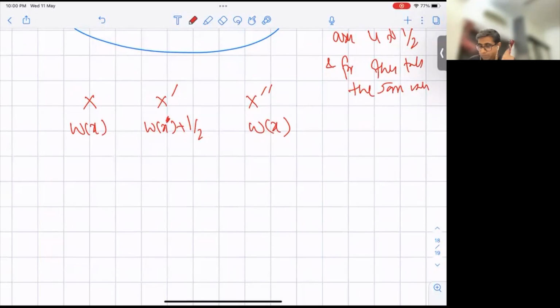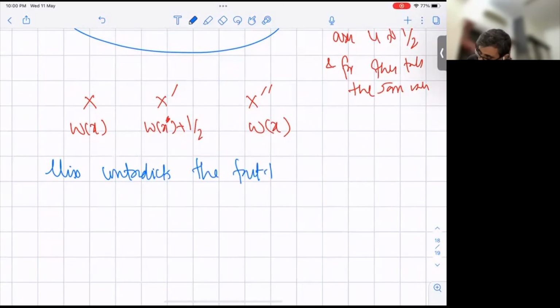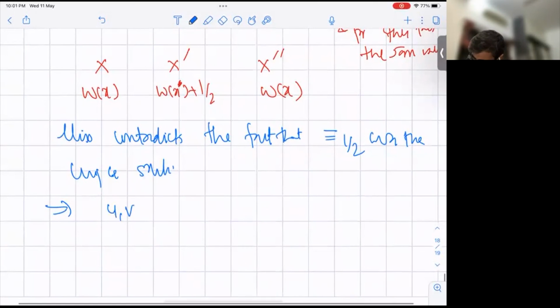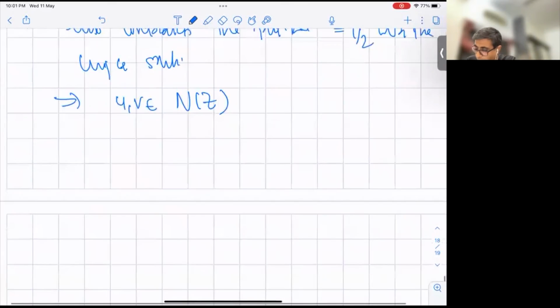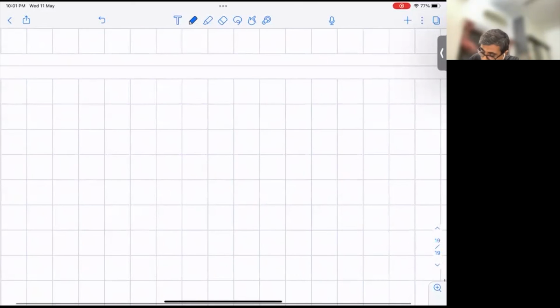Okay, fine. So all we have achieved contradicts the fact that all half was the unique solution. This way you can show that both U and V belong to the neighborhood of Z. So now what have we been able to achieve?